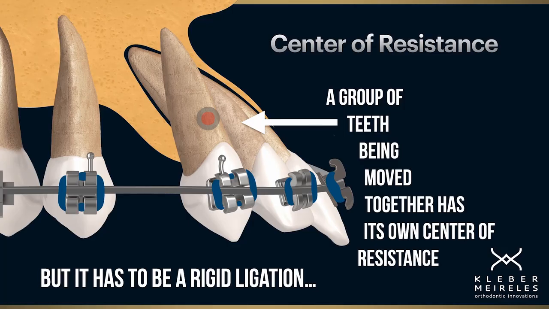If I'm using a rigid ligation, because it's different from, for example, here, if I'm considering the six anterior teeth as one body to be moved, and I'm applying a single force, because now we're just understanding one vector, for that kind of movement I need to ligate those teeth in a rigid condition.